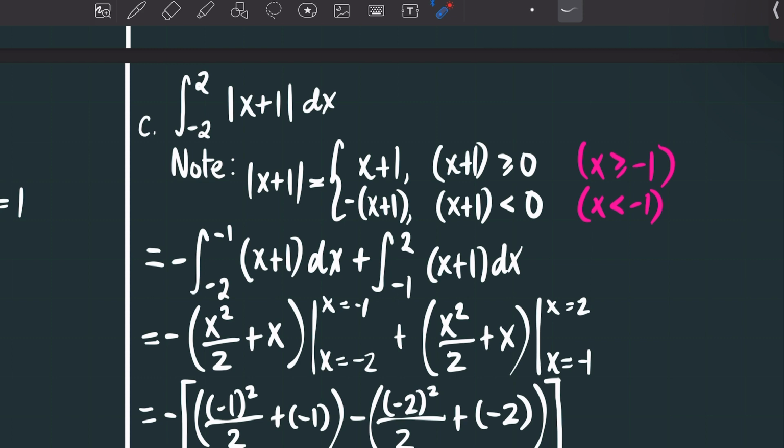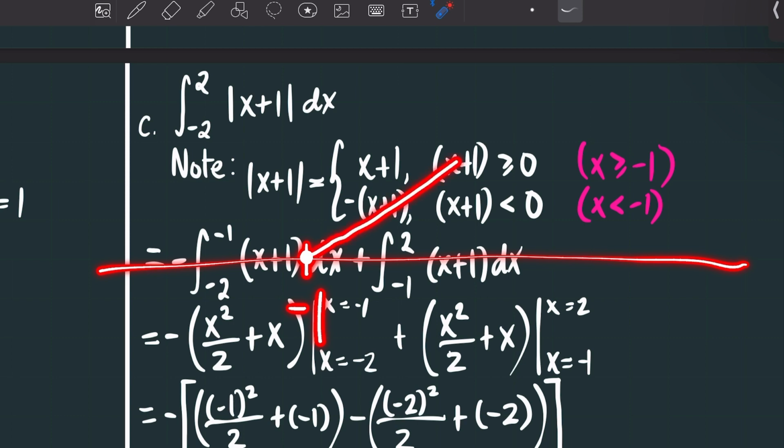Actually, there's another better way for this one, and this is by using the geometry nung ating function. So, pwede nyong tignan yung graph niya. So, basically, sinasabi nito, at x equals negative 1, 0 ka. And since yung nasa loob is x plus 1, yung graph natin is increasing as we go to the right.